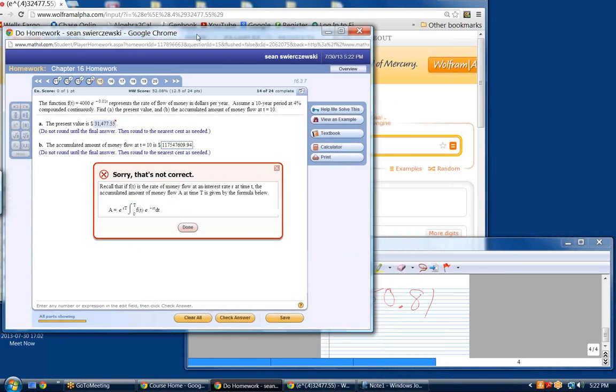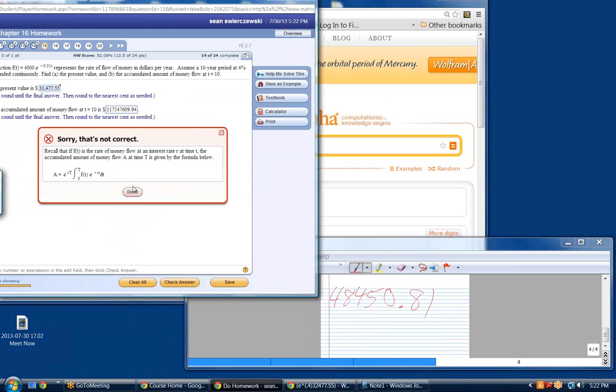I know. Isn't that the same answer as the first? No. No, my first answer was this huge 117 million. No, I mean like part A. No, because part A, this part is the present value. Just the part to the right. The integral and everything on the right.